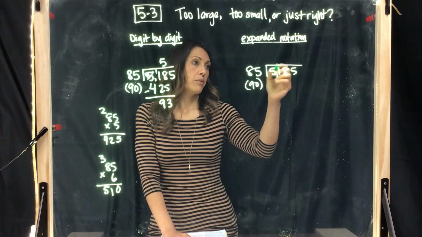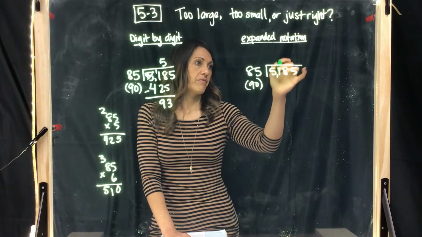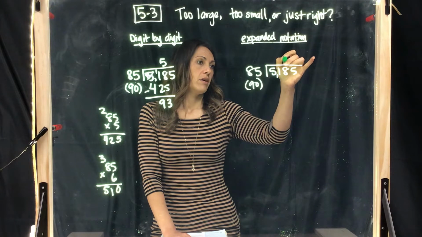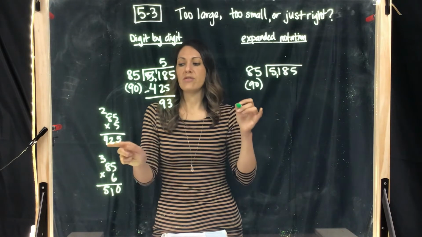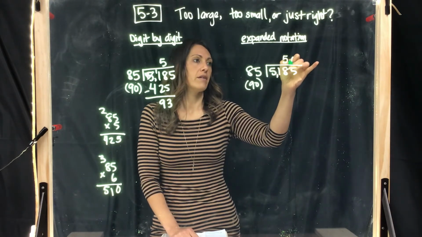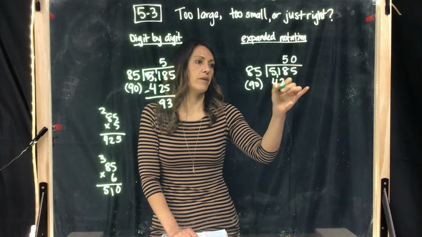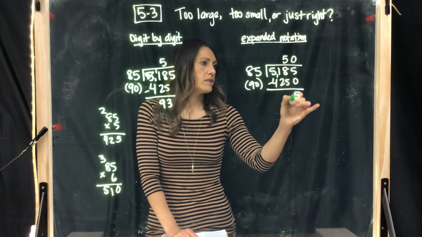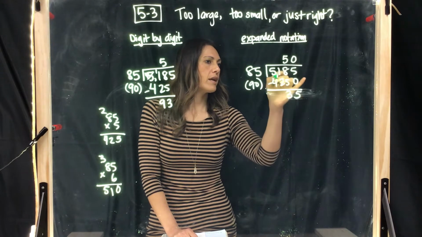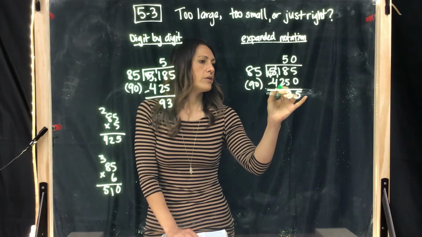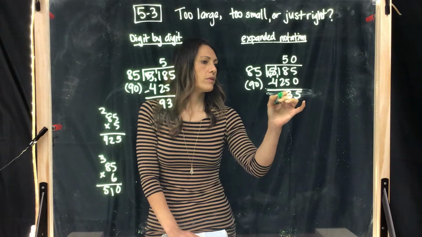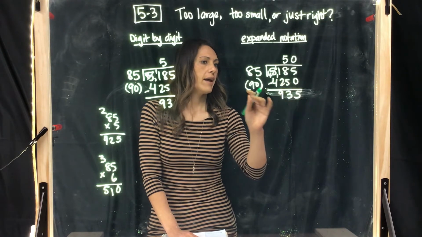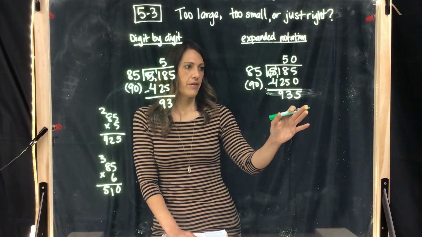So since it's 425, I'll do 50. 85 times 50 is 425 with a 0 at the end. Okay, and I'll subtract. I have 935.